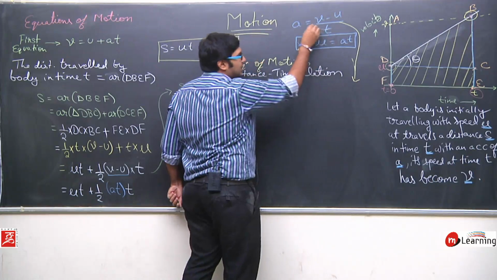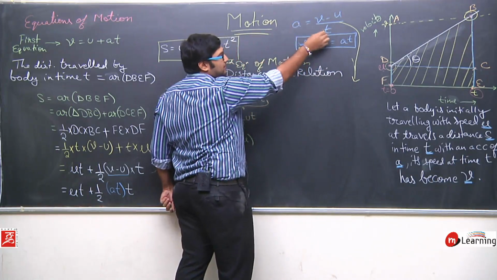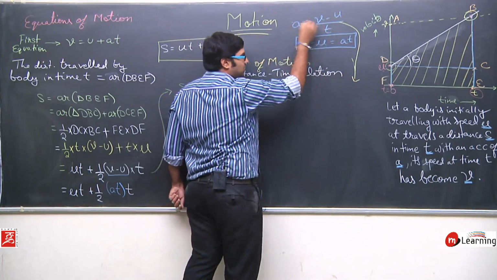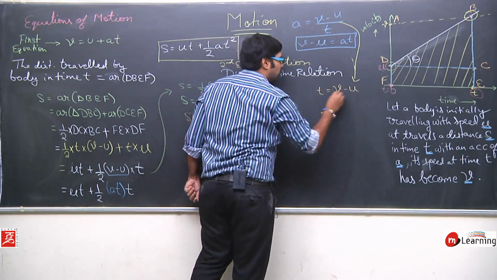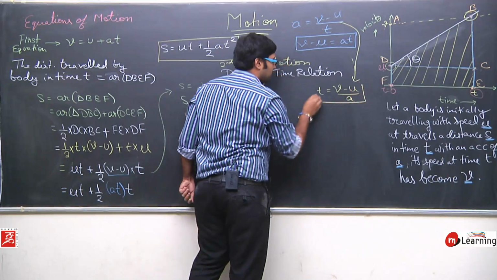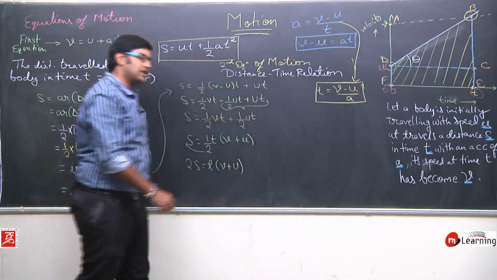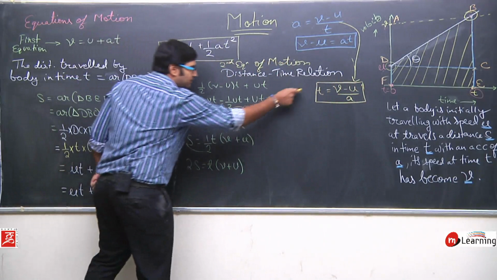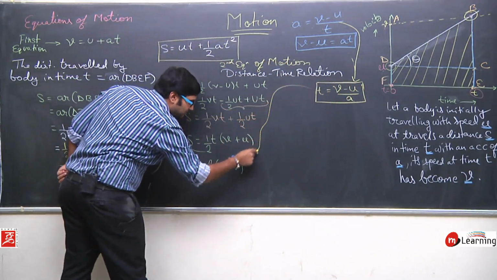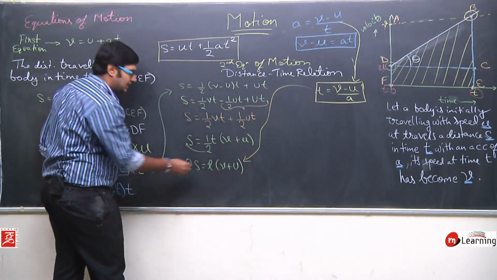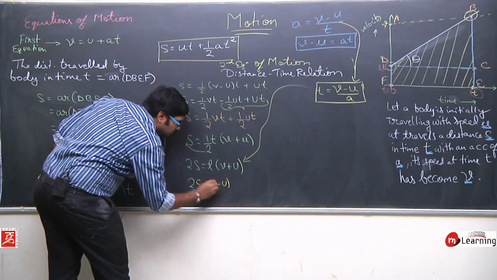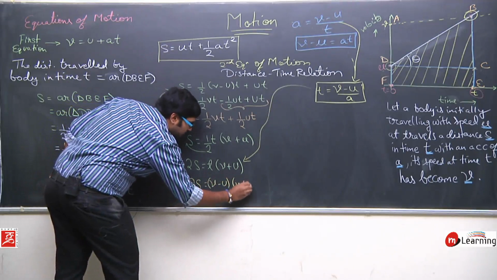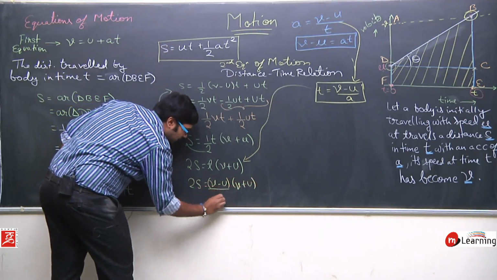The value of t can be calculated by interchanging the position of t and a. T will become v minus u upon a. Now I will use this t is equal to v minus u upon a here, and this will give you 2s is equal to v minus u into v plus u, which will come as it is, upon a.